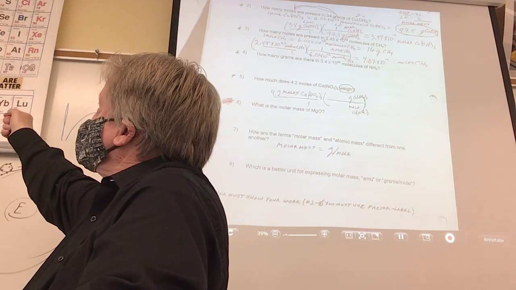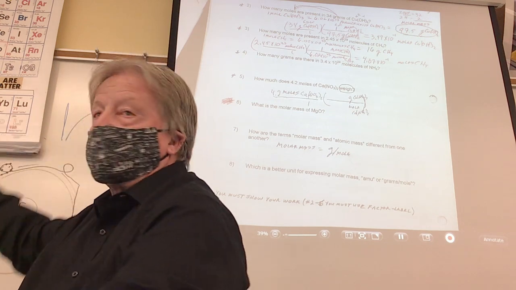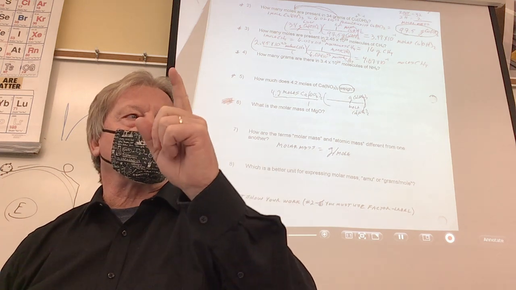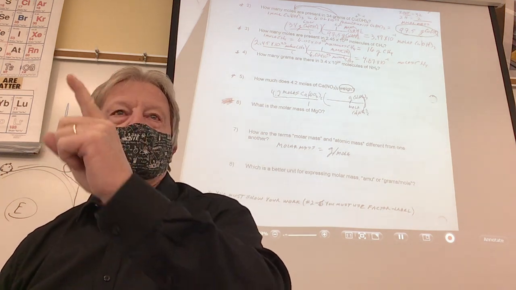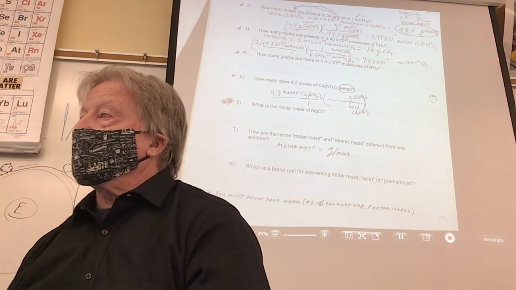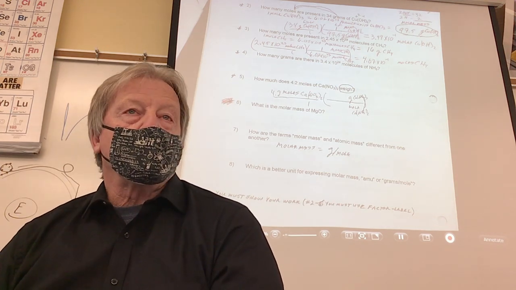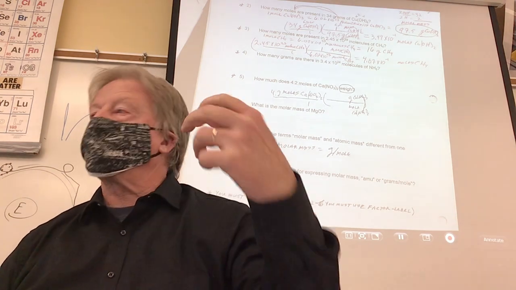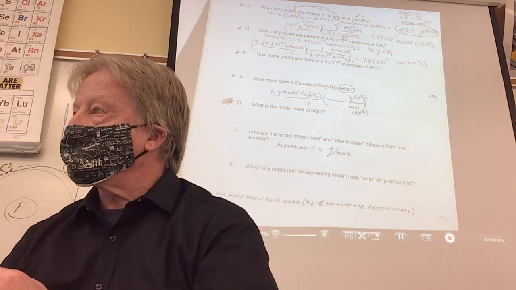How many grams does it take to make a mole of carbon? Let's see. 1 mole of carbon is 6.02 times 10 to the 23rd atoms of carbon equals 12 grams. So what is the molar mass for carbon? 12 grams per mole, yes?